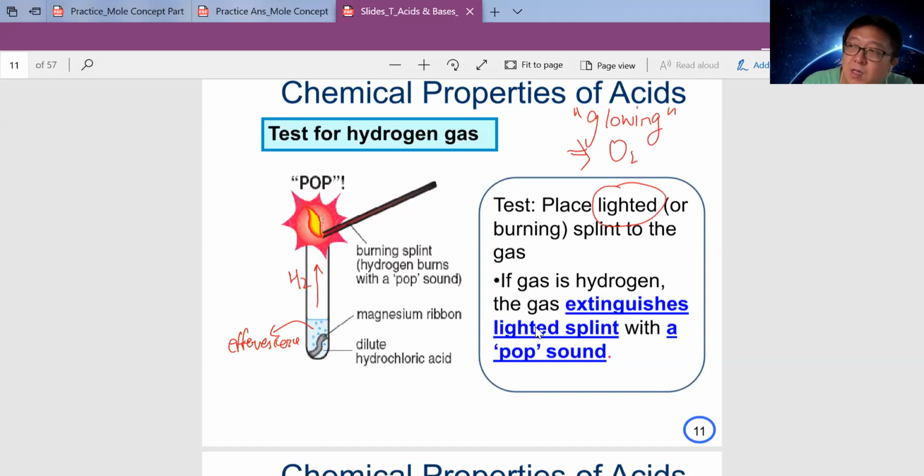So when you're writing your answer, be very careful what you're writing. Okay? Sometimes you find it very funny. Then you realize in the exam you get penalized because you say effervescence causes a pop sound, hydrogen is present. Wrong idea. Effervescence cannot cause a pop sound. Only when the gas leaves the surface of the liquid does it cause a pop sound.